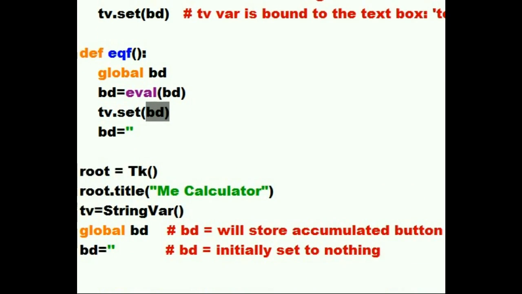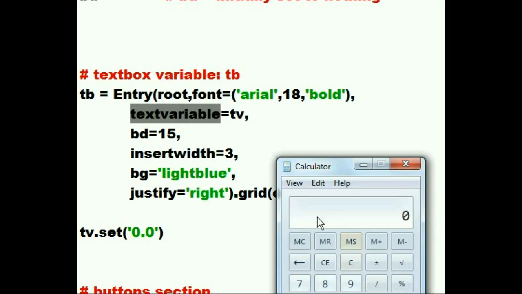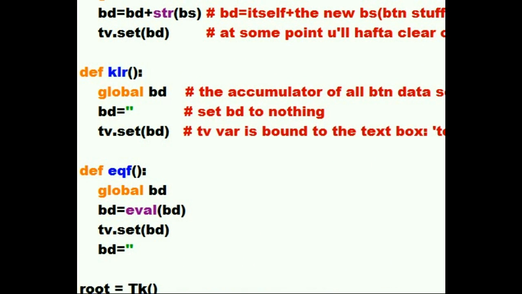And as soon as he does, we go down to the entry function, we see that TV, which is bound to text variable, automatically makes text variable equal to the same thing. And this is the way your evaluation goes into your calculator. Right there so you can see it. And then I immediately initialize BD again, so you can start doing more work.